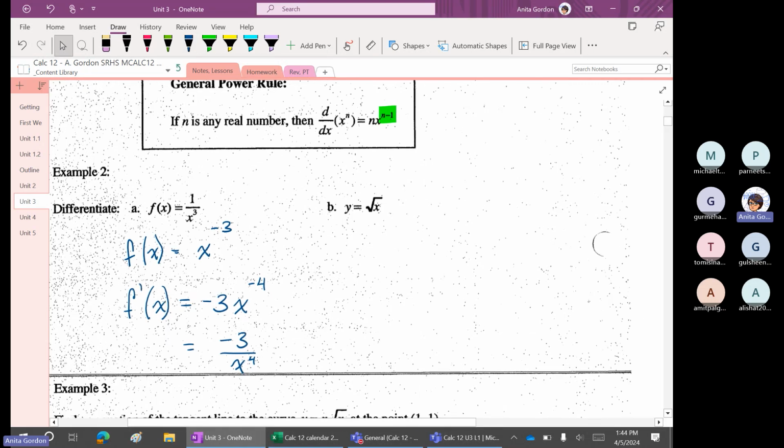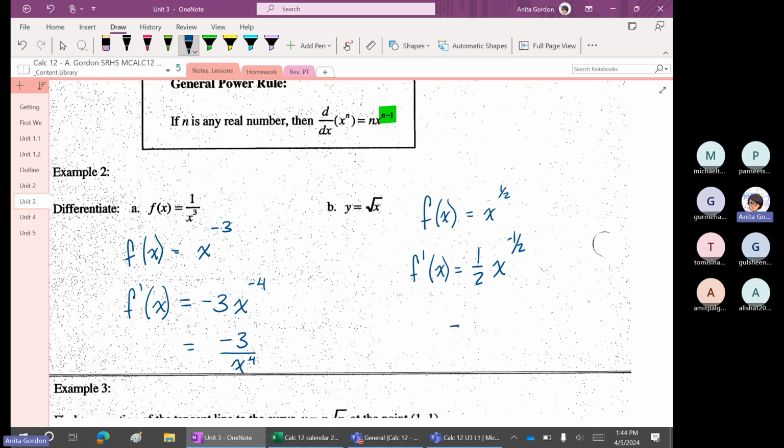Okay, how do we write radicals? 1 over 2, right? So now I have a fraction as my exponent, but the rule still applies. When I go to take the derivative, f prime of x, what am I going to get now? Not quite. Oh, yes, sorry. Yes, you're right. -1 over 2, right? 1/2 minus 1 gives me a -1/2.